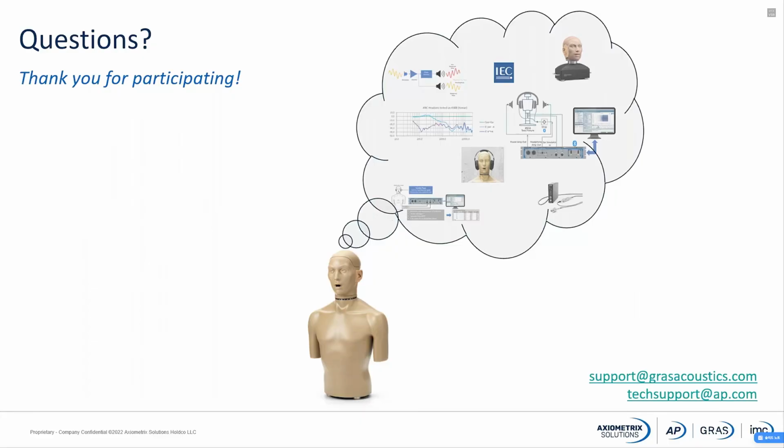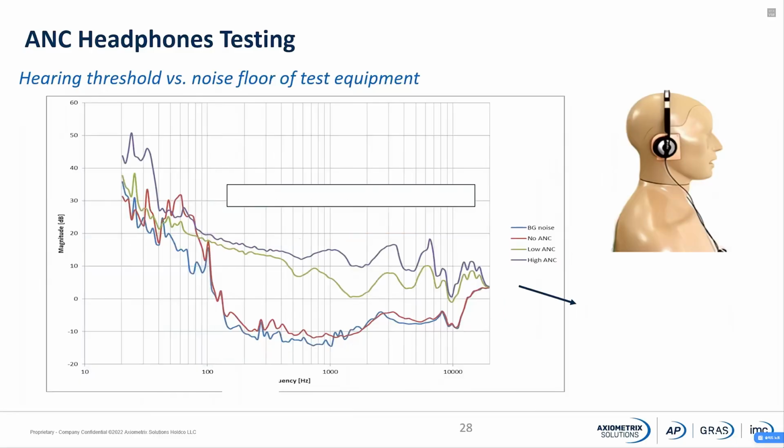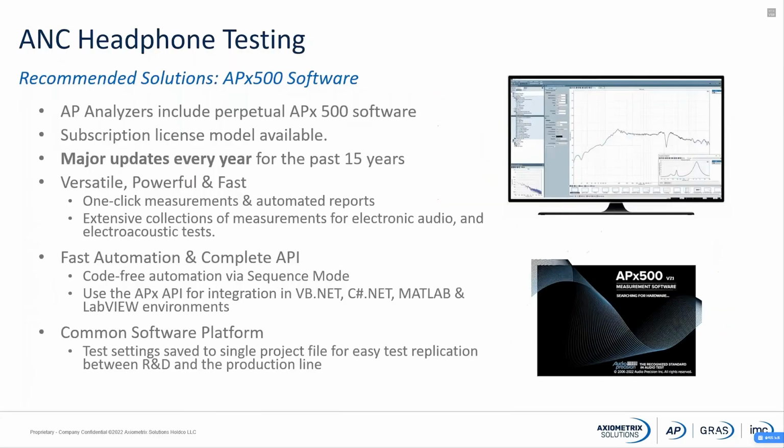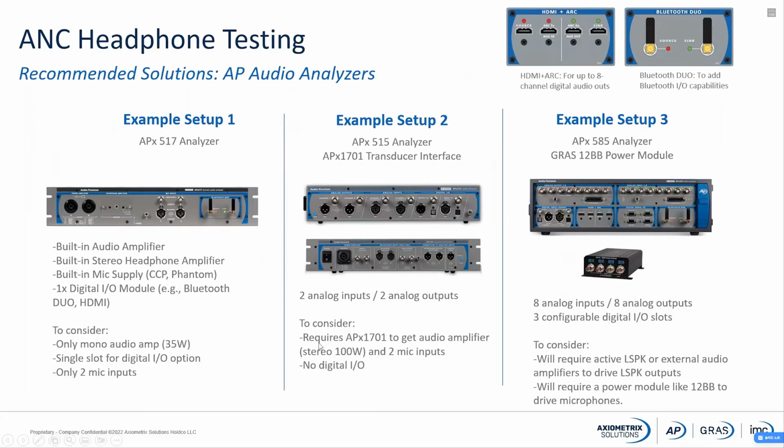How to set up an APx525 analyzer with the APx1701? This is for those of you that are not familiar with the 1701. The 1701 is this transducer interface. Basically, you can interface this APx1701 with any APx analyzer.